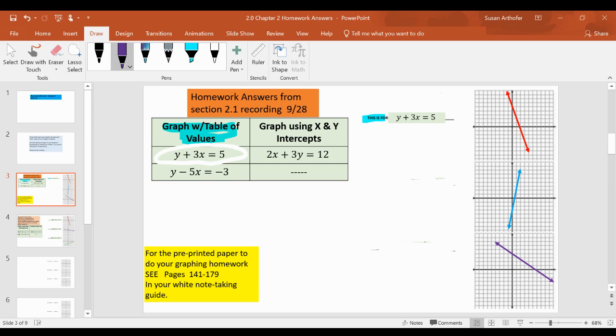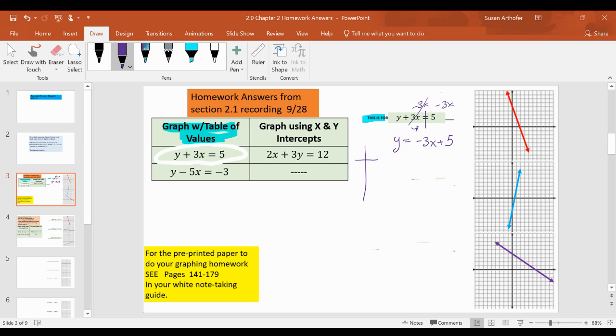Okay. So you were first supposed to solve for y, so that means you should have moved over the 3x by subtracting 3x from both sides. So that would be a negative 3x, negative 3x plus 5.